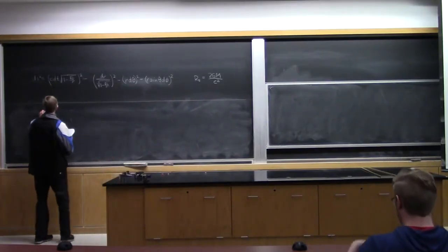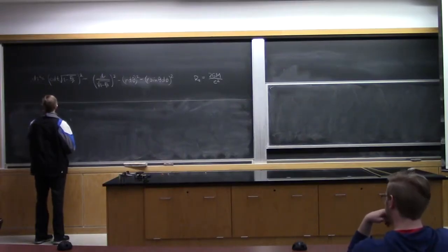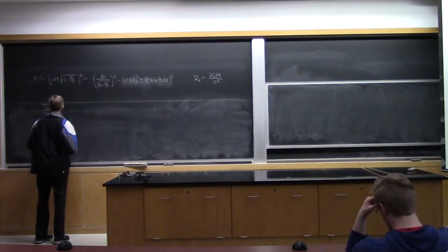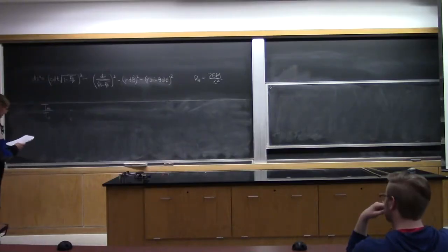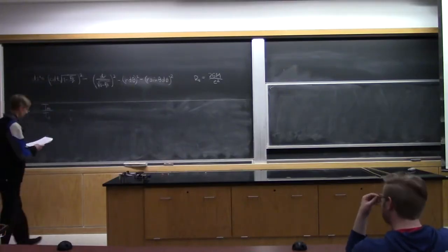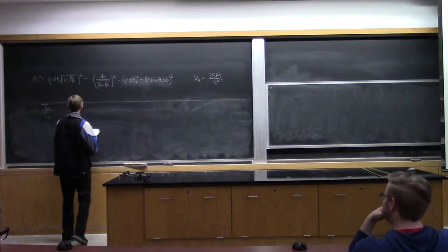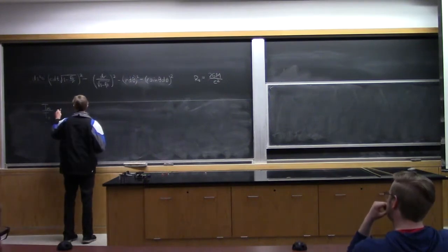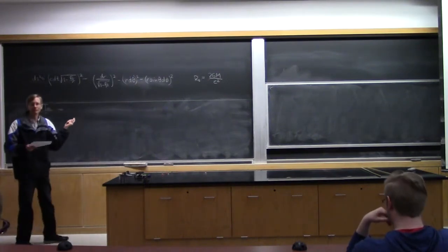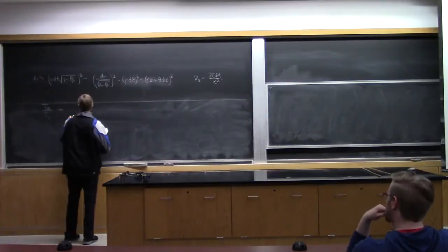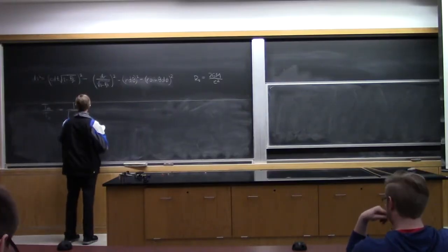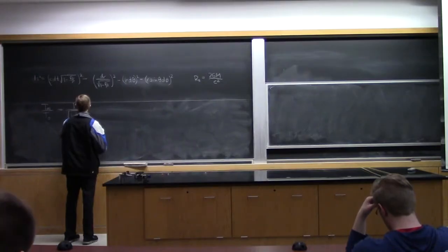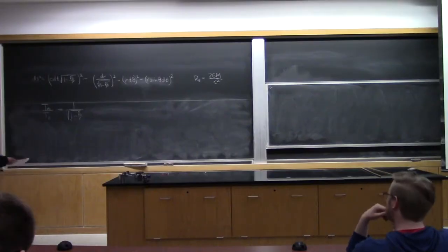Because remember, we said that the time measured infinitely far away, divided by the time as measured at the location of the clock, was 1 over the square root of 1 minus r_s over r. And so if the square root goes to 0, t infinity goes to infinity. So you get infinite redshift at r equals r_s.